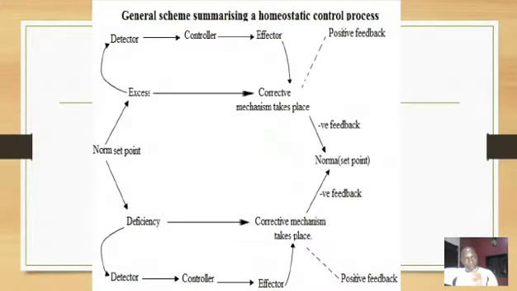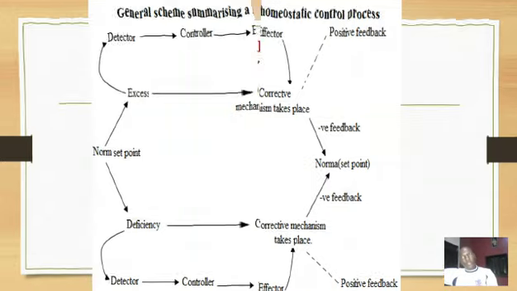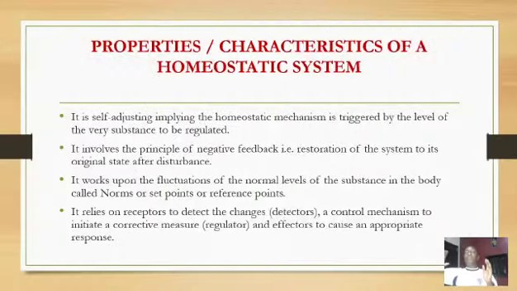Should the sugar levels fluctuate above or below the norm, then the mechanisms will work to bring it back to the norm. Should the salt levels in blood fluctuate, changes will occur to bring it back to the norm.